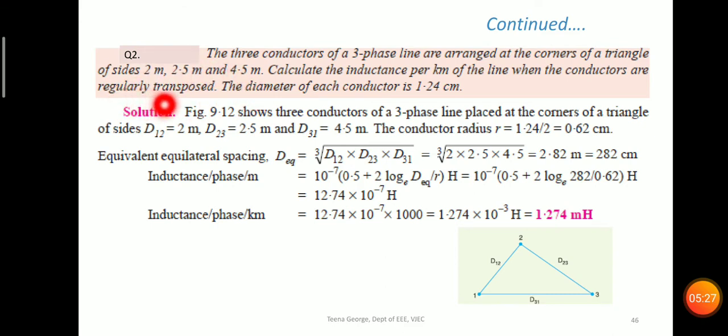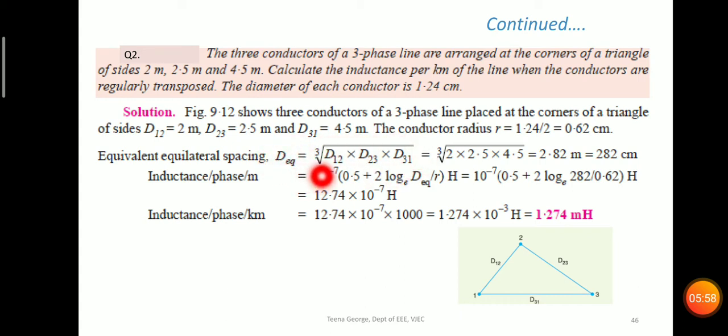So we have to use the equation for transposed conductors for a three-phase line. Diameter is given as 1.24 centimeter, so r equal to 1.24 by 2, 0.62 centimeter. Then the inductance can be found out by using the geometrical mean distance or equivalent distance.